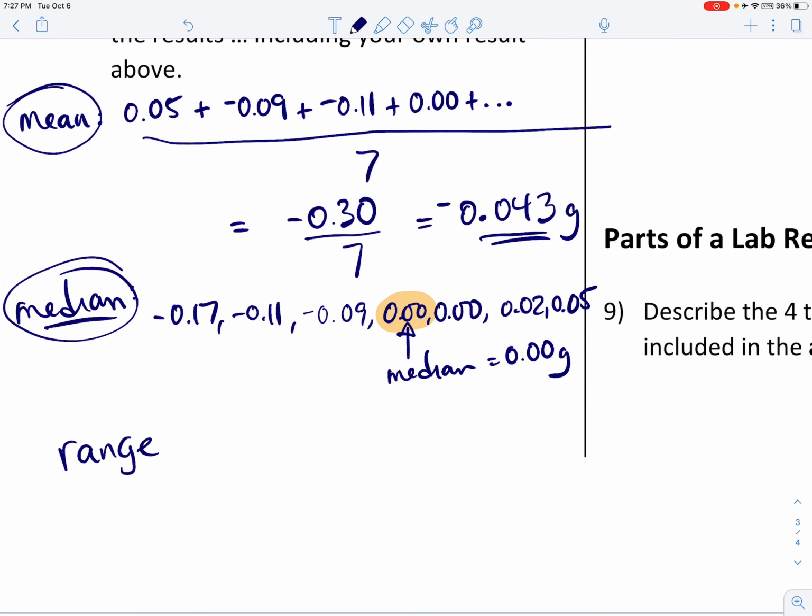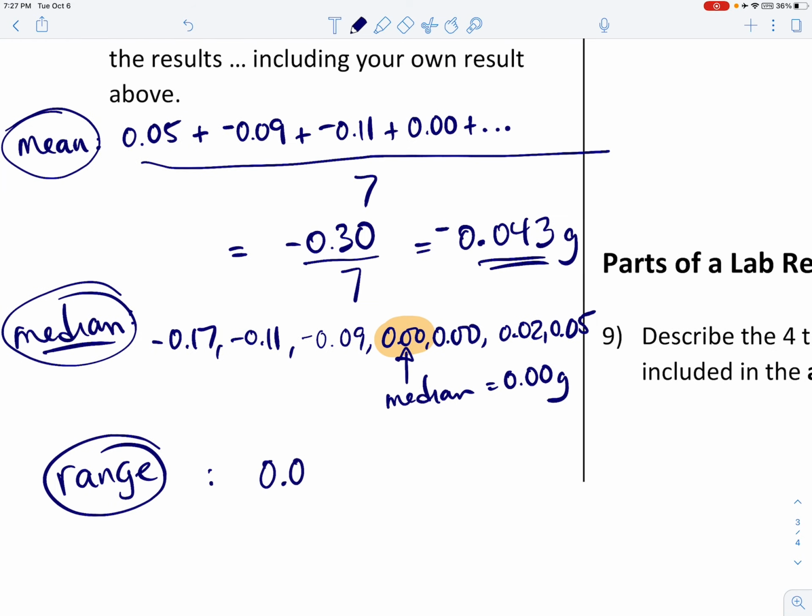The range. The range is a measure of how spread out the numbers are. To find the range, we just take the largest number and subtract the smallest number. So our largest number was 0.05 grams. We subtract the smallest number, which was negative 0.17 grams.